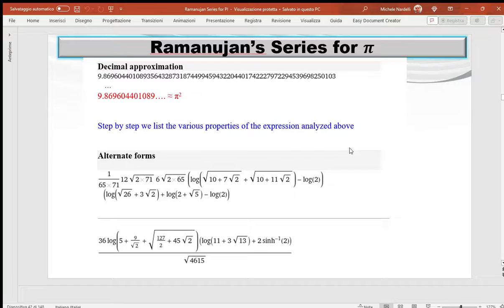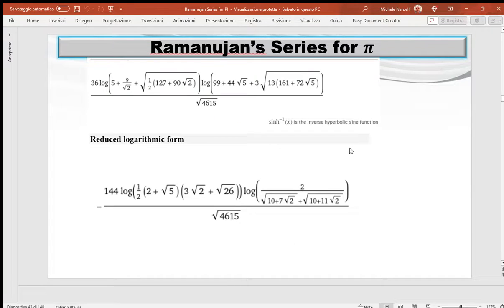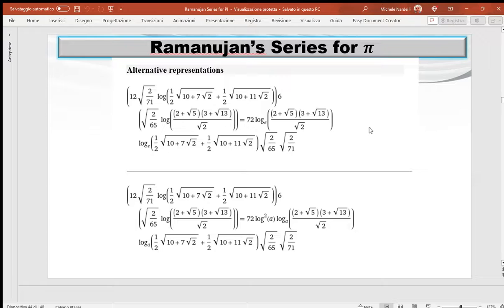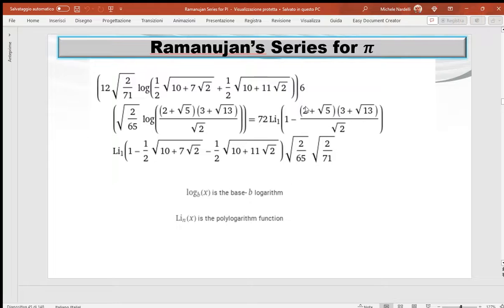We obtain the alternate forms, the reduced logarithmic form, that is the following, the alternative representation 1, 2, and 3.